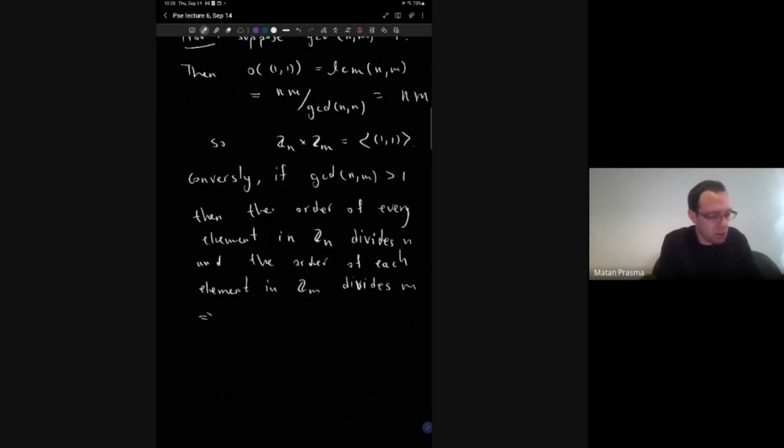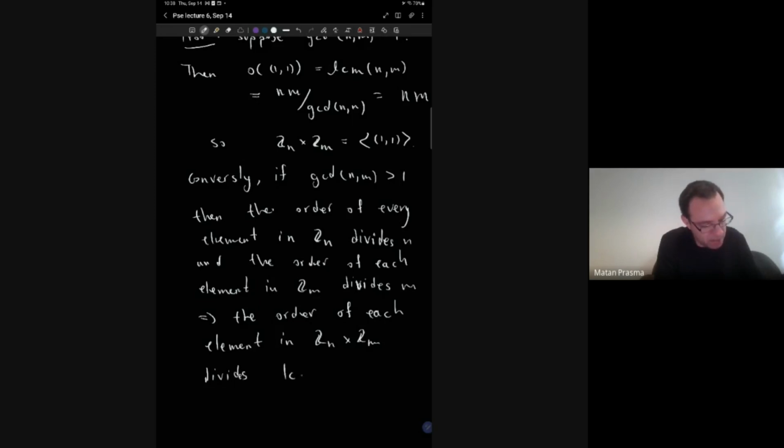So for any element, the order of each element in Zn times Zm divides LCM of n and m.